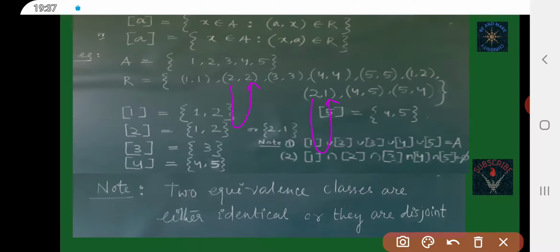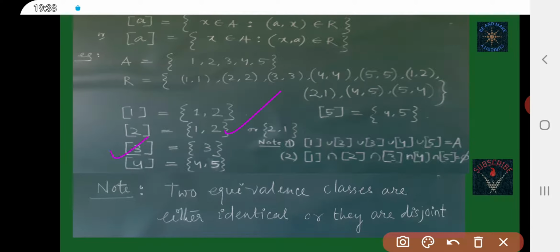Okay, so what we got? One is 2, another is 1. So this set, or you may write {1, 2}, this set. Okay, so you got this.